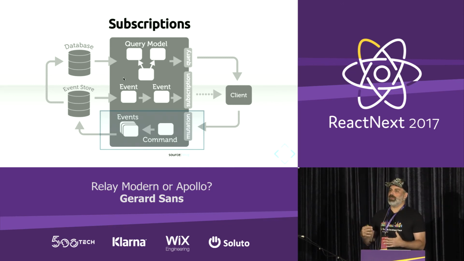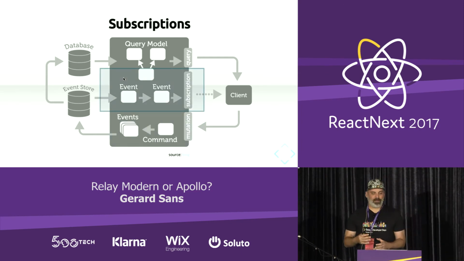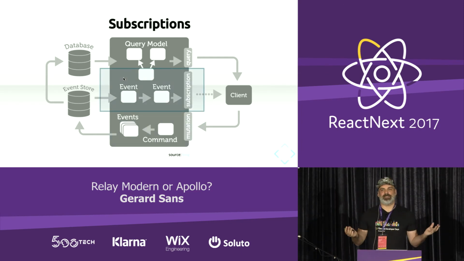So let's imagine we add a new post. What we can do is subscribe to this specific mutation, and then this will create an event that will be stored on the backend.